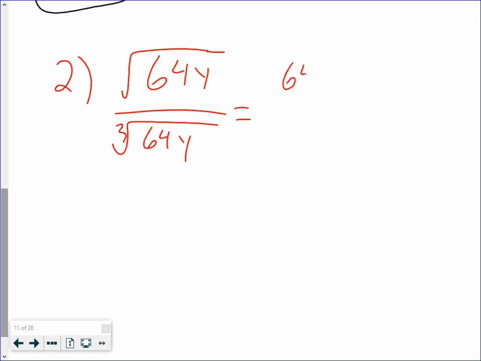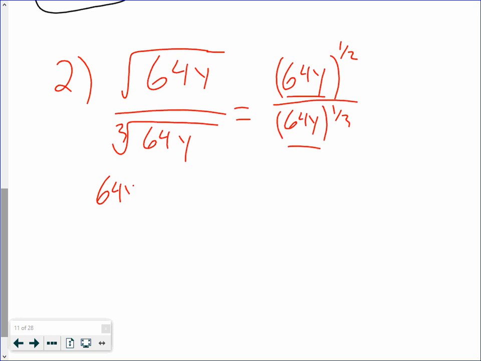So 64y becomes 64y to the 1/2. And the bottom, we get 64y raised to the 1/3. So we have the same term of 64y on the top and bottom. So that means we can just use our power of quotient property, and we can combine the two terms. Or sorry, quotient of a power property.